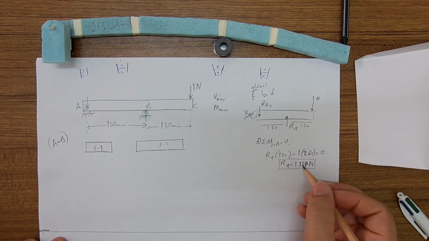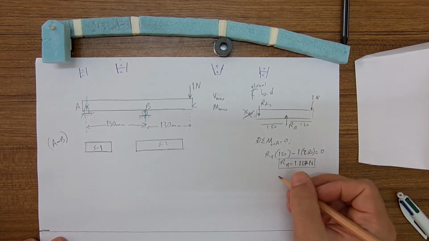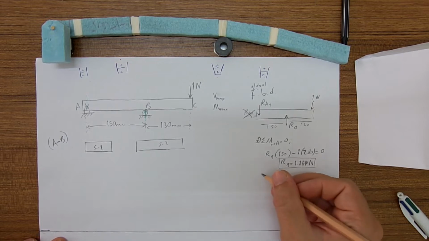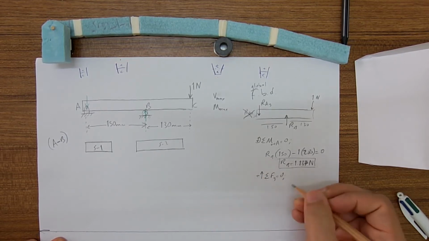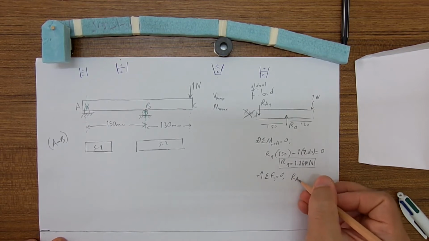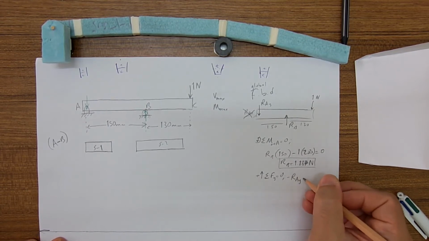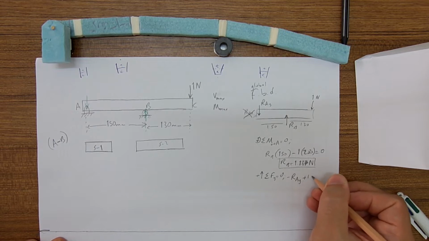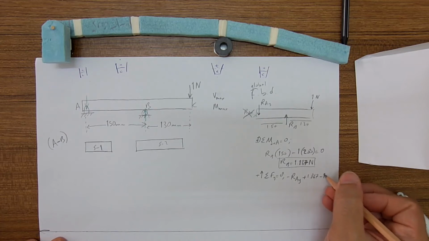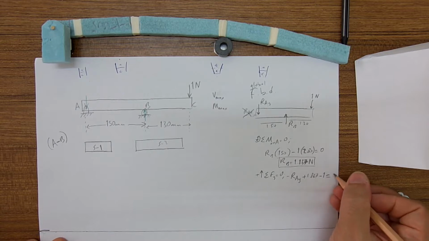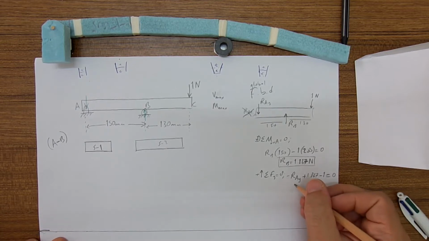If RB is this, RAY would be from vertical force equilibrium equation. RAY in negative direction, RB is 1.867 and point load is -1. Summation of all these equal to 0.